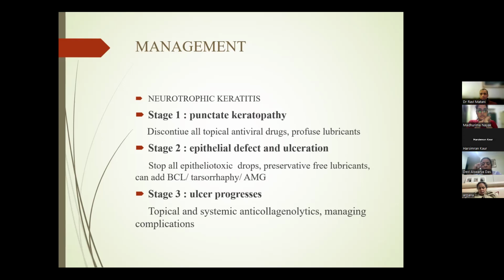And they will come in 3 stages. First is punctate keratopathy, which you will very often confuse with the original SPK case. And then they will break down and there will be an epithelial defect and ulceration.